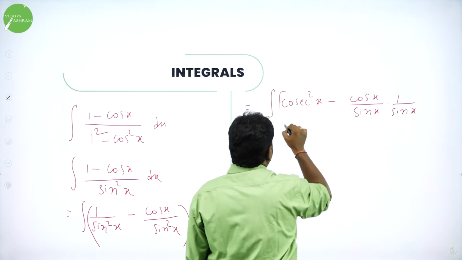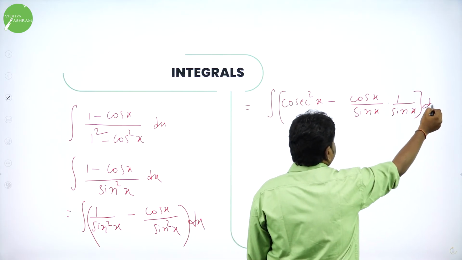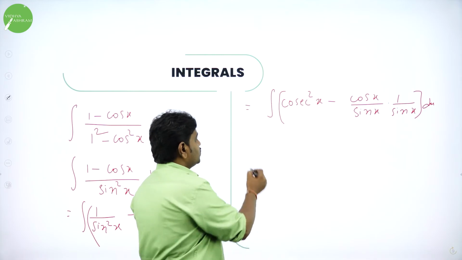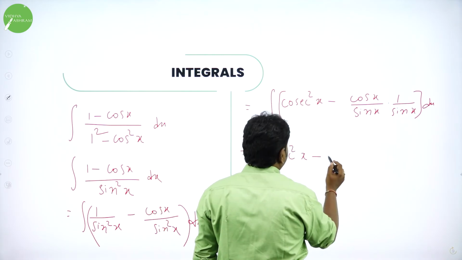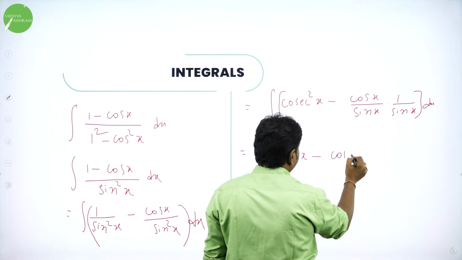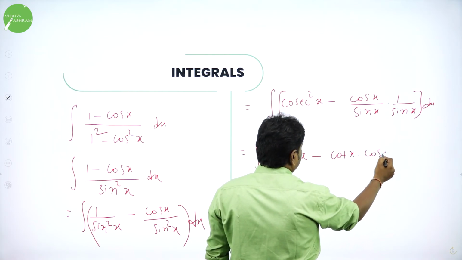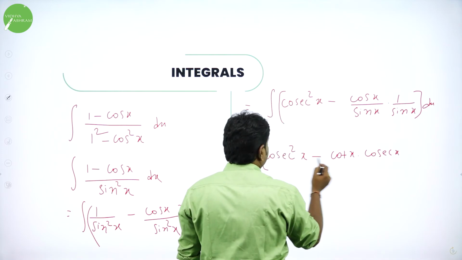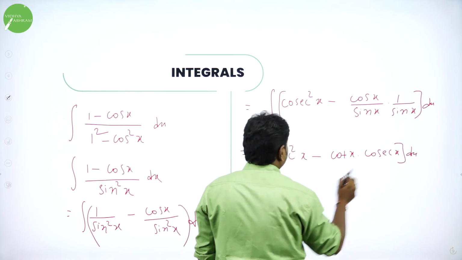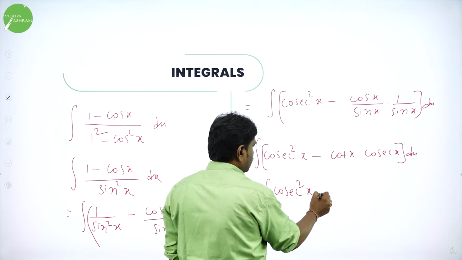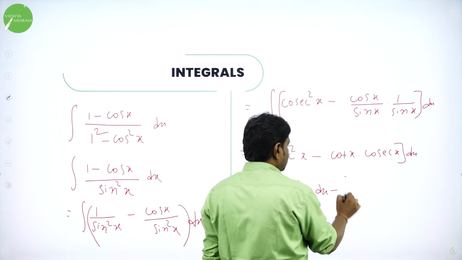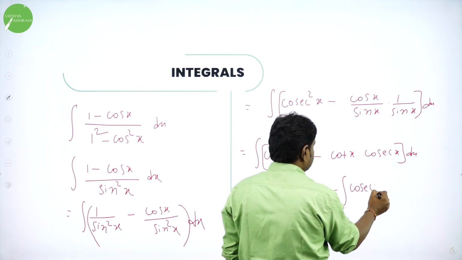Still we have not integrated, so we'll go on simplifying each term. So that is integration of, we are left out with cosecant square x minus cos by sin, which is cot x, into cosecant x dx. So integration of cosecant square x dx minus integration of cosecant x into cot x.